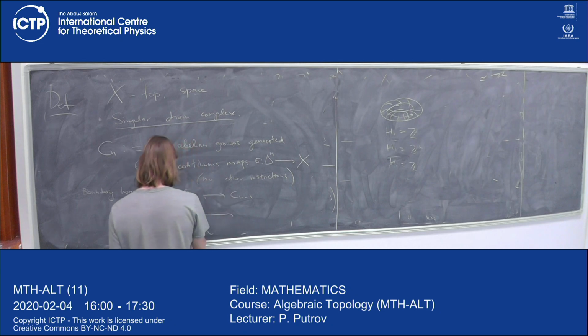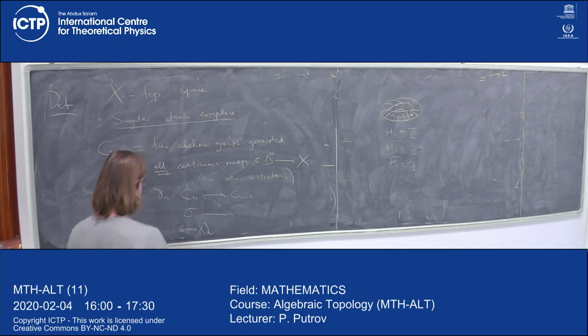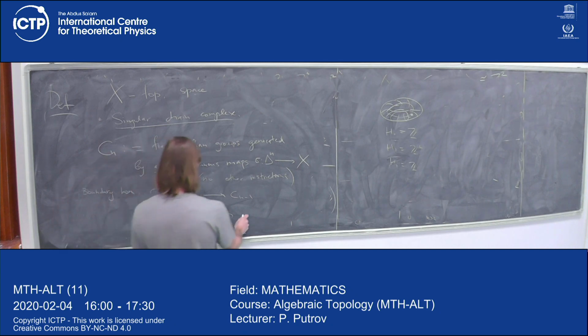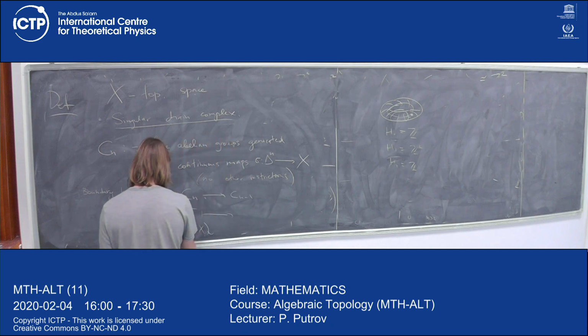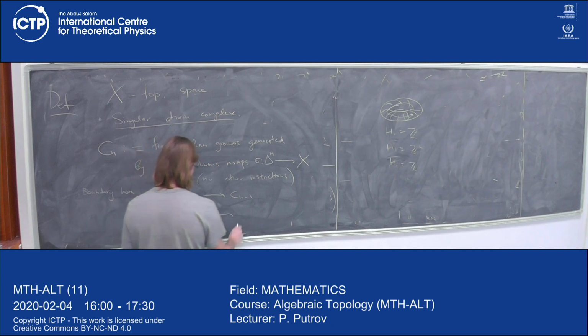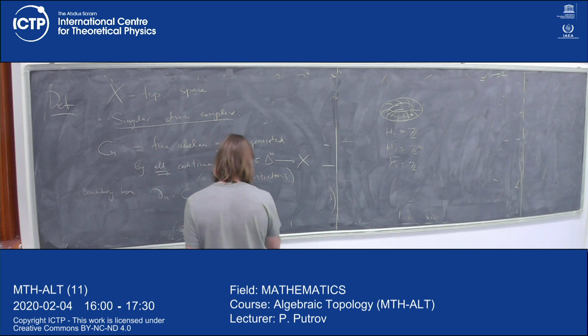The generator here is some arbitrary continuous map from delta n to X, and again, if I choose my delta n to have vertices labeled v0 to vn, the result will be this alternating sum.